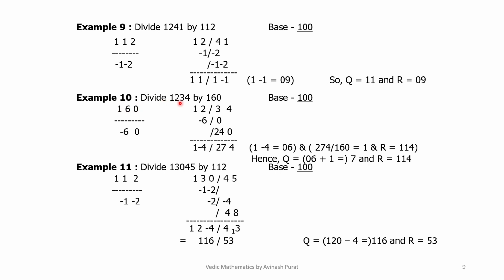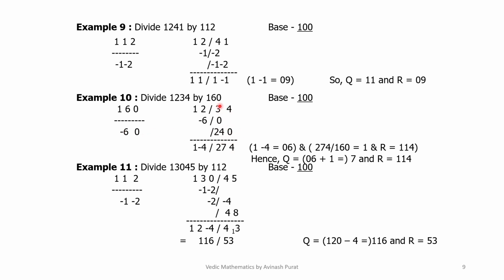Example 10, divide 1234 by 160. 160 minus 6 minus 0 is brought down. 12 stroke 34 is dividend. 1 taken down. 1 multiplied by minus 6 0. So minus 6 0. 2 minus 6 is minus 4. Minus 4 multiplied by minus 6 is 24. 0 is 0.